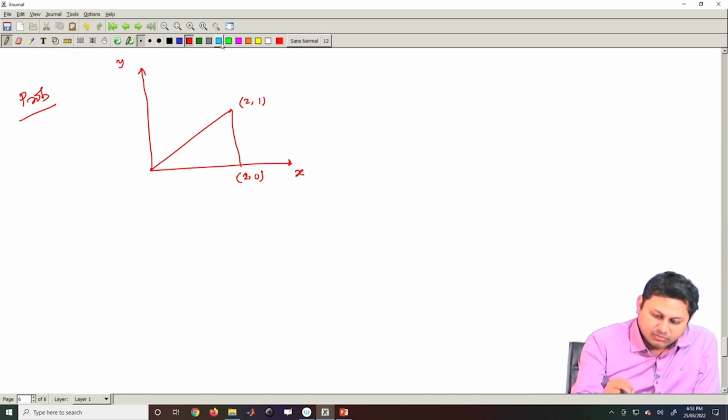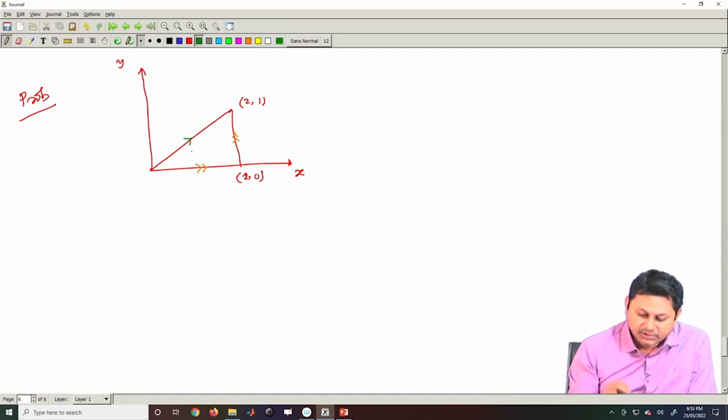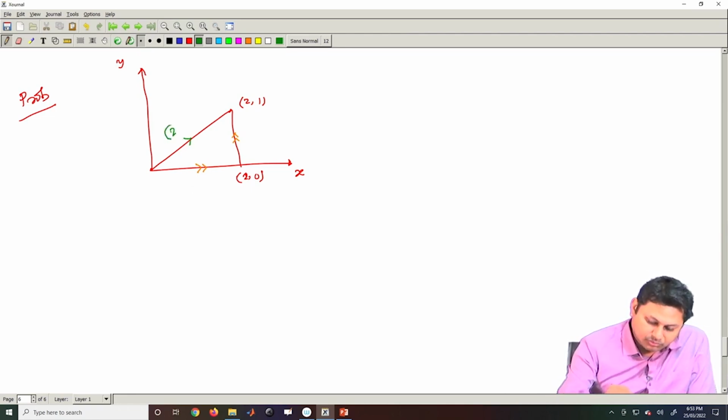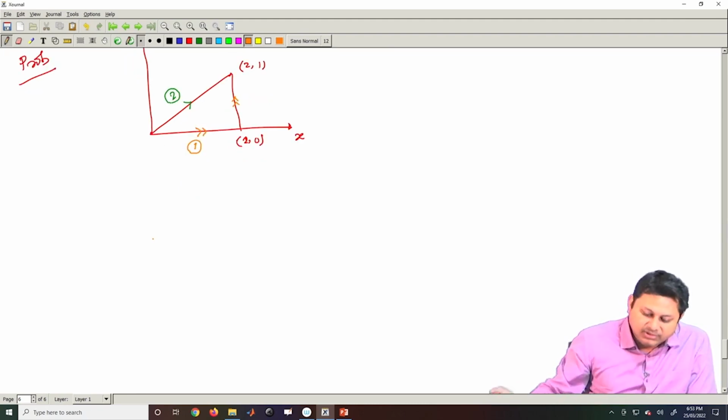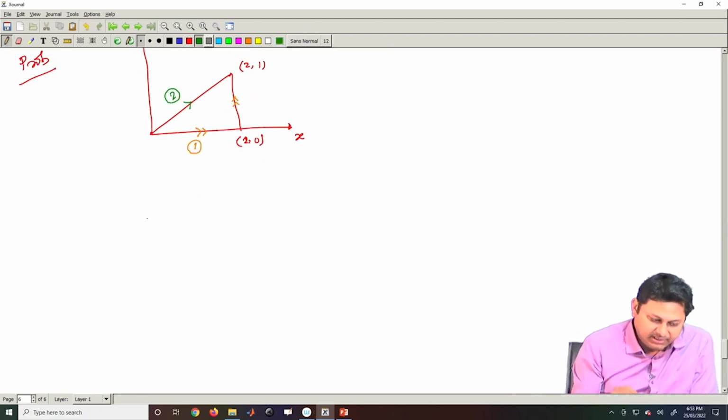Now I am going along a path from here to here, because I am going to calculate the path integral, and another path is this one. So, this is my path 2, and this is my path 1. The problem is that the scalar field T is given, which is x y square.